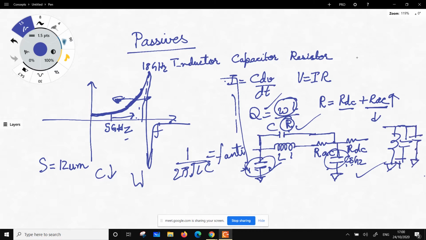CSH1 will be coming in parallel with C. So it becomes important that if you use shunt inductors, use W which is less. So use a narrow inductor if you are going to use shunt inductors. Does it make sense? If you use series inductors, then W can be high because it is not affecting your overall anti-resonant frequency.